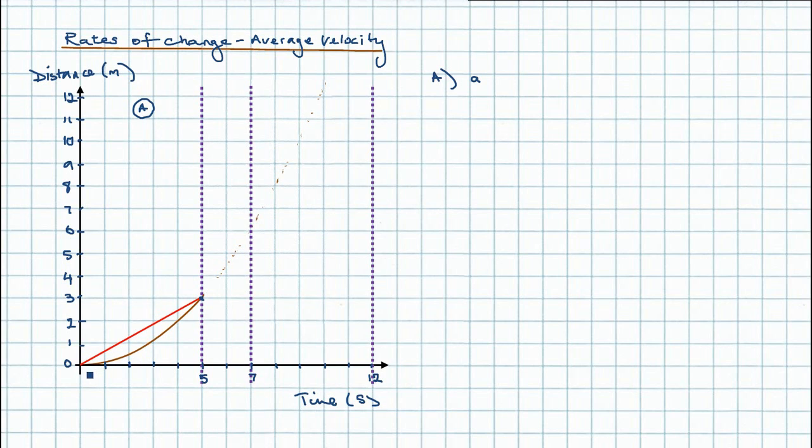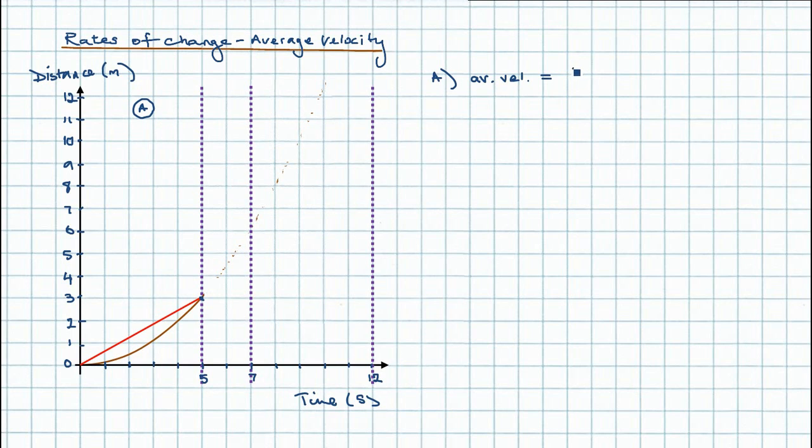But most of the time, except at one instant, it is not the same as the average velocity. So what we've got to do always is notate it as average velocity. I'm going to put average velocity abbreviated like that. So the average velocity over the period A is 3 meters.